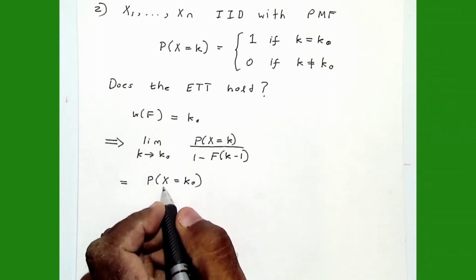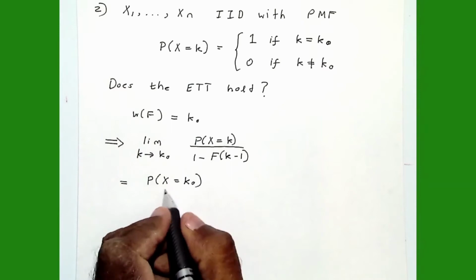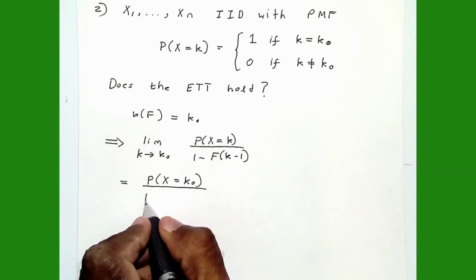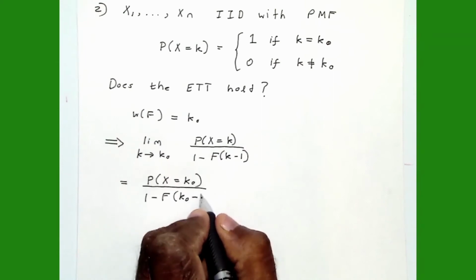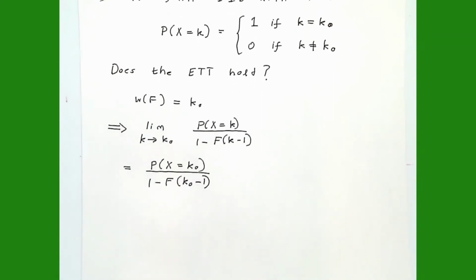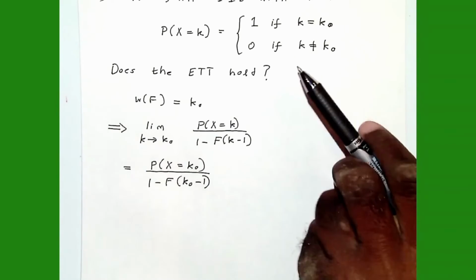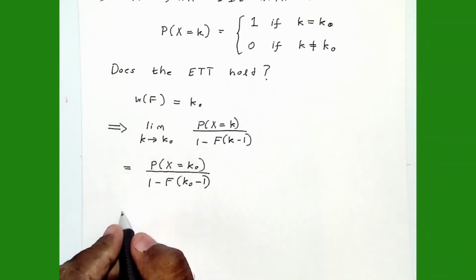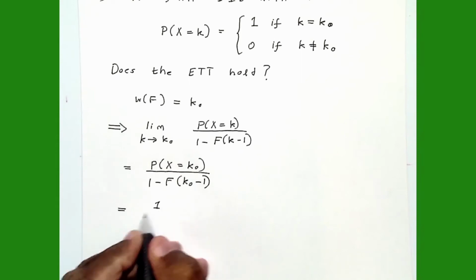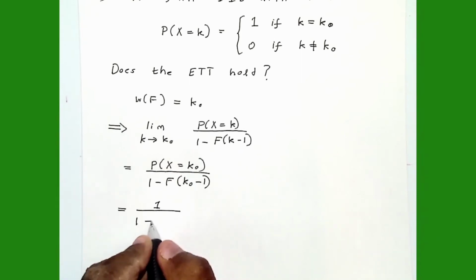Now we are told that the probability that x equals k0 is 1. So the numerator is equal to 1 divided by 1 minus.